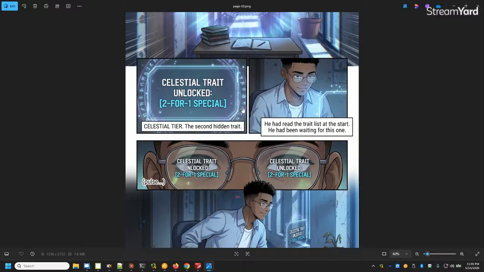So if you apply 2 for 1 special on your rewards, you get 2 times rewards when you defeat a dungeon. Thinking about it now, if you apply 2 for 1 special to Yggdrasil's synthesis, and Yggdrasil's synthesis at its current level duplicates every buried item by a factor of 10.